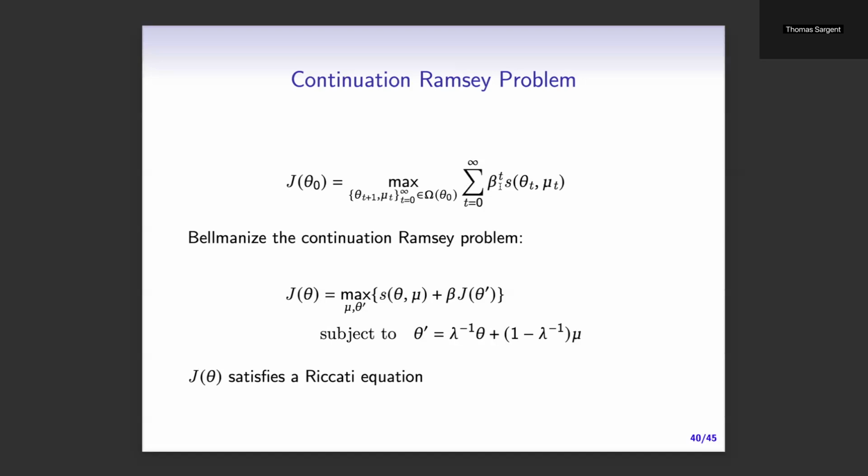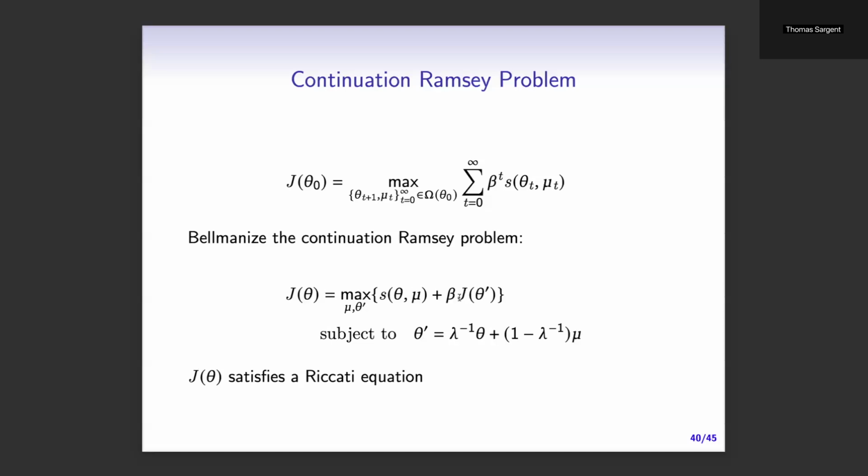So we stare at this and we Bellmanize it. We convert this problem in sequences into a dynamic programming problem that involves a state today, a control today mu, and a choice of a state tomorrow theta prime that maximizes this.